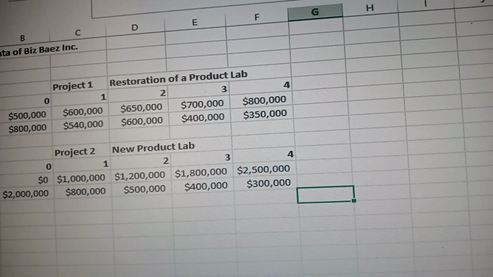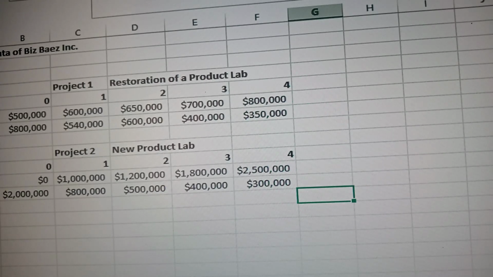Project 2, a new product, the second alternative, has its own costs and benefits. Now, here is the thing.